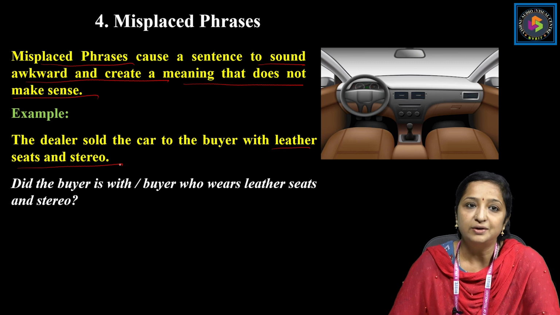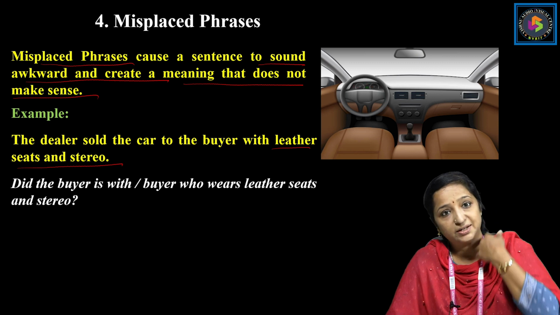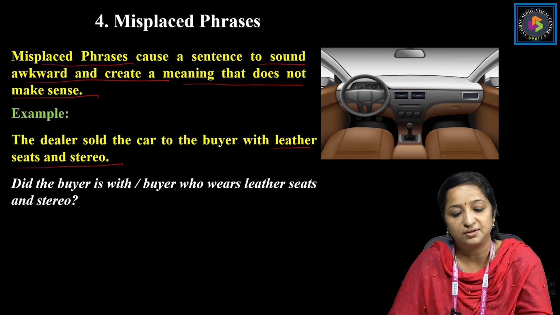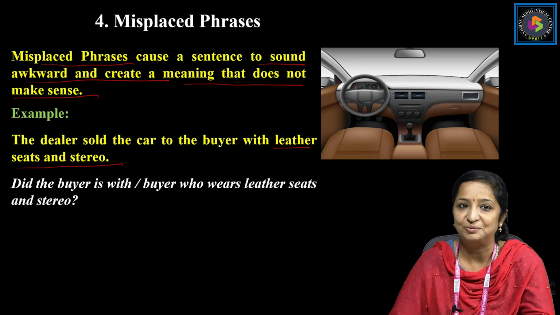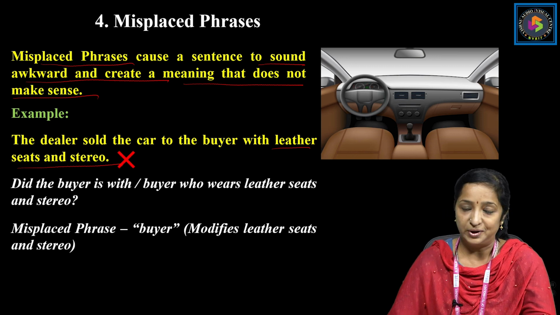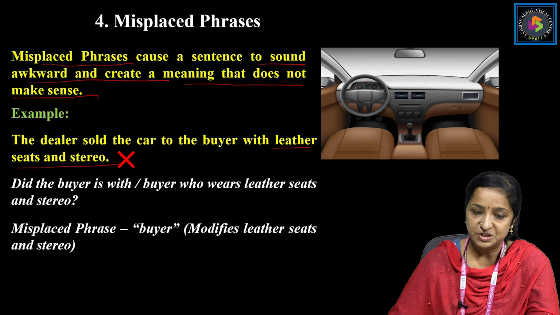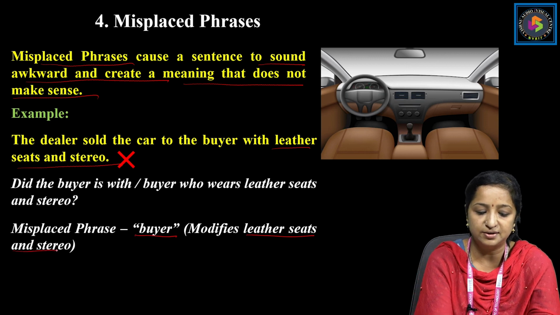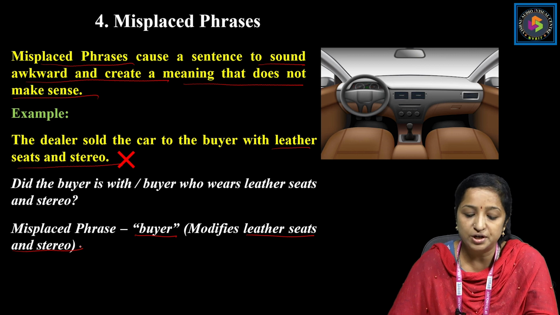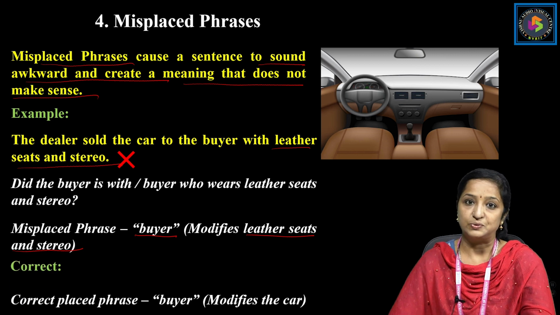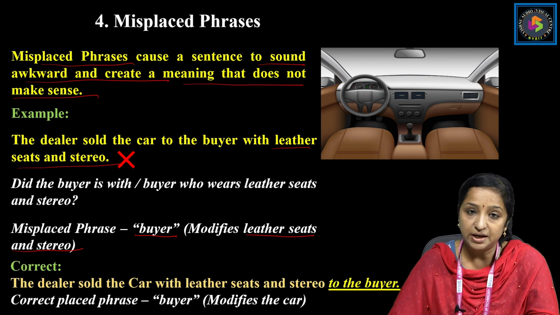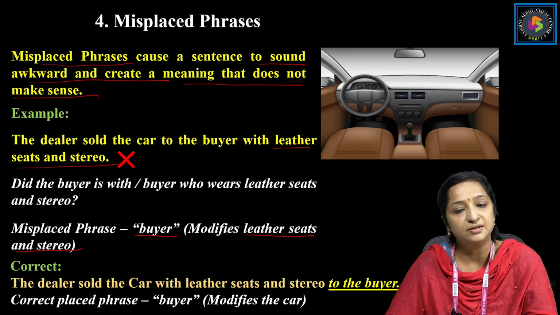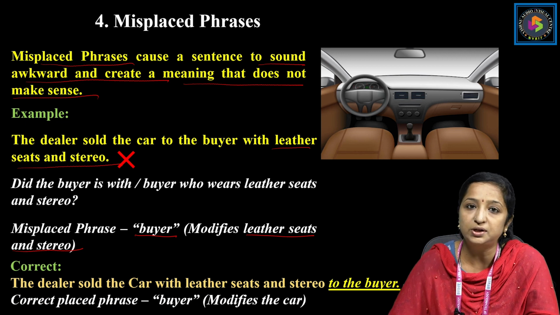Is the buyer with leather seats and stereo? No, it can't be. Only a car. So, here the misplaced phrase with leather seats and stereo is modifying the buyer instead of the car. So, the correct sentence is the dealer sold the car with leather seats and stereo to the buyer.